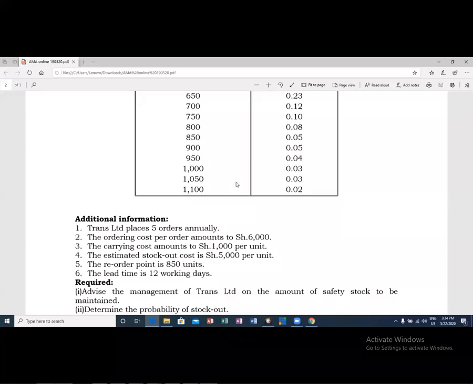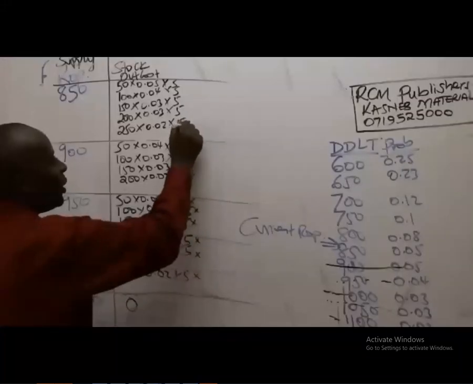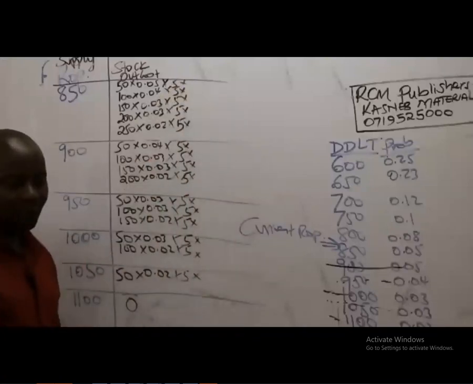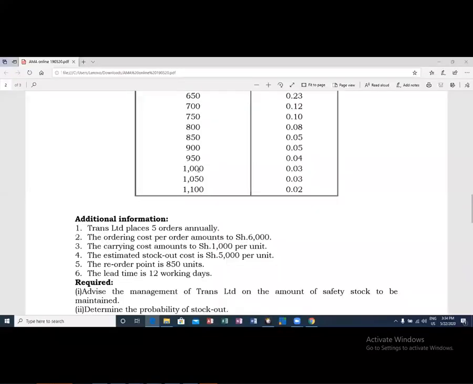The other thing that you always need to remember, whenever it comes to stock out cost, ladies and gentlemen, is that you must multiply this with the stock out cost per unit. In this particular question, if you look at number 4, they have given us the estimated stock out cost, which is 5,000 per unit.